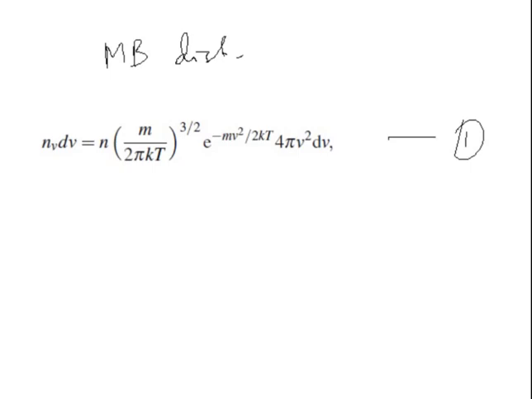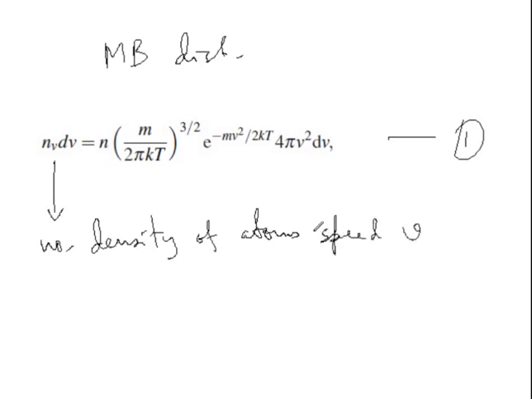You do know, right? What is this N_v? This is basically the number density of atoms with speed v, right? What is this N?